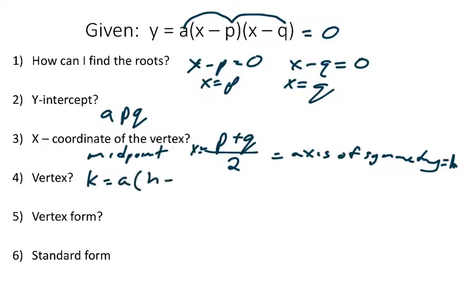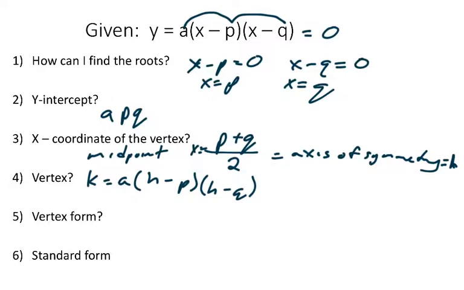It's going to be my midpoint x value minus p times the midpoint minus q, and then whatever this a is. I'll plug all those in, and that's going to give me the k value, which is the low point, the minimum for the quadratic, or the maximum. That's how I'm going to have to plug it back in.